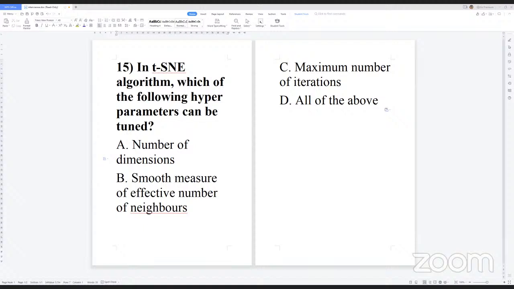Yeah, option D is correct, Akhil, for question number 15. So for question number 15, the answer is D, all of the above. So all the options are correct. We'll go to the next question.